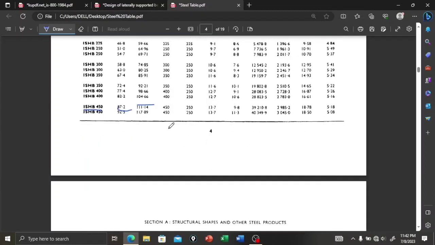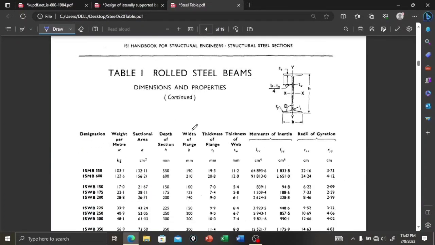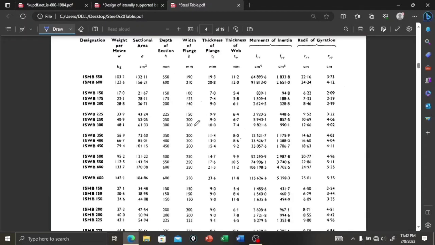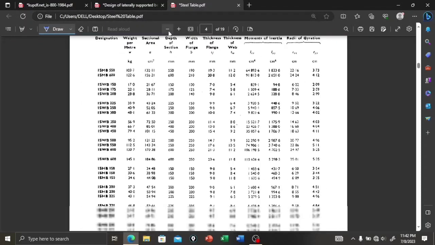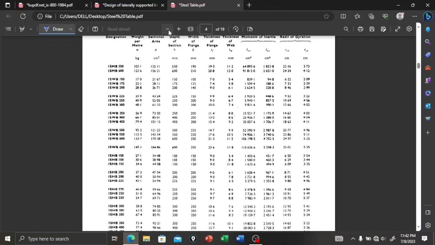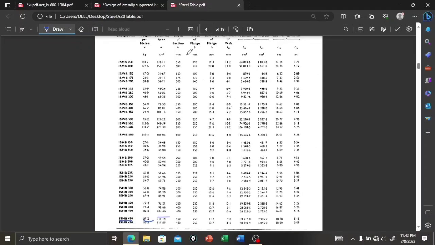Depth h is 450, and this flange width B is 250.